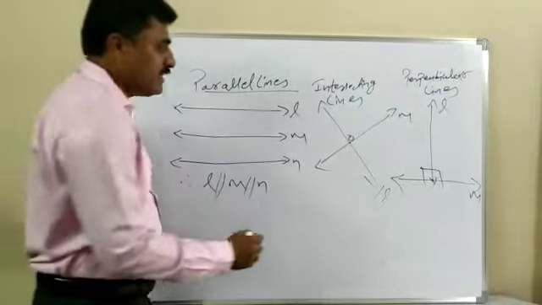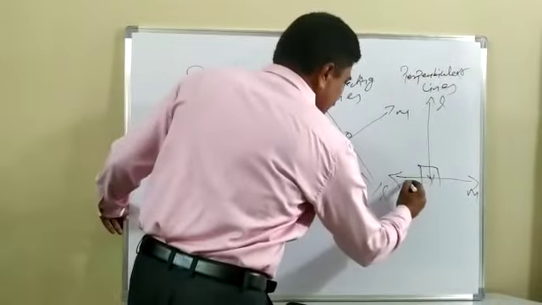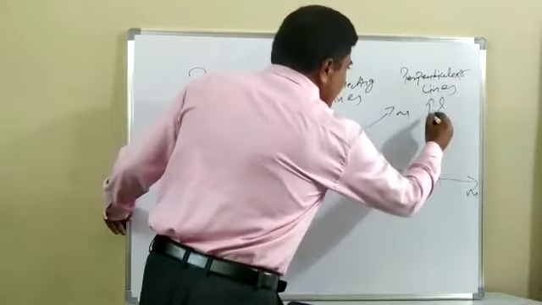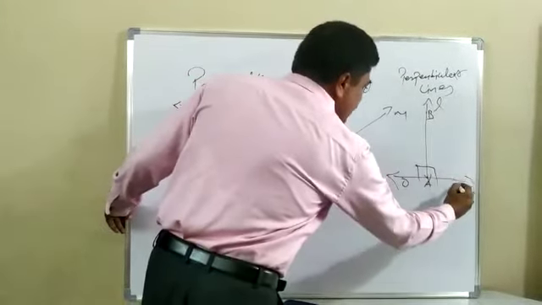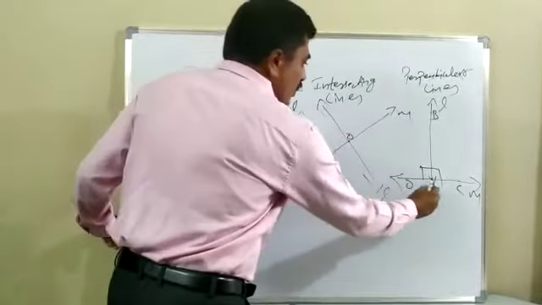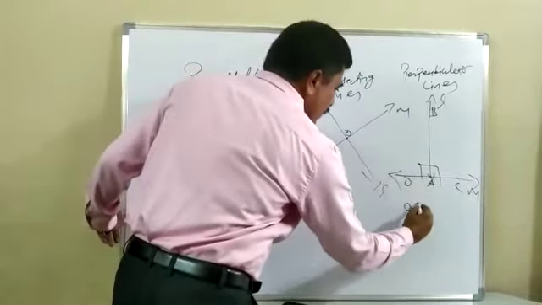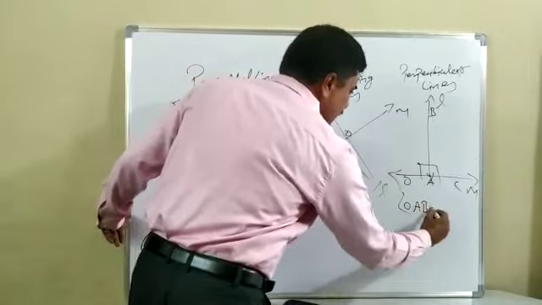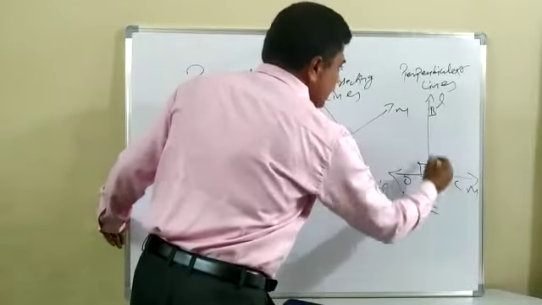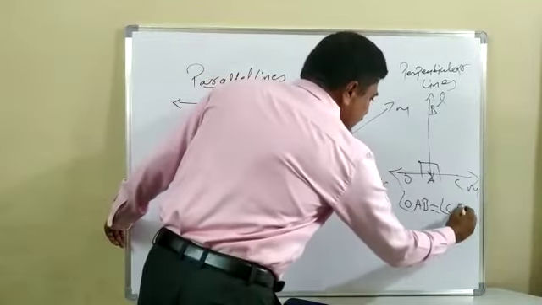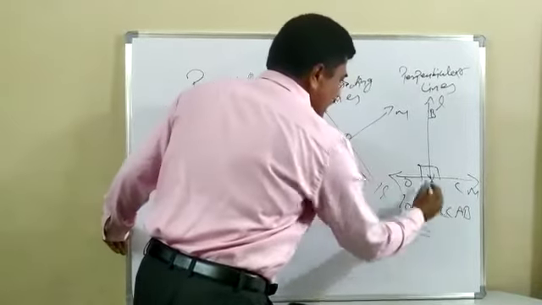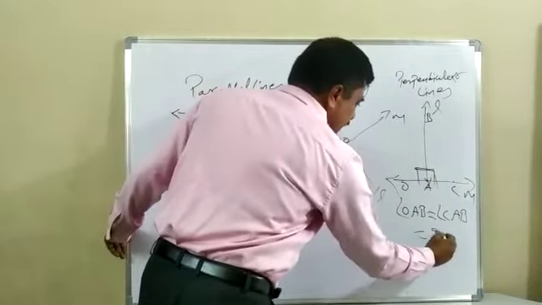When we measure this angle, for example, I am taking O, A, this is B and this is C. Here angle OAB is equal to angle CAB. These both are equal.